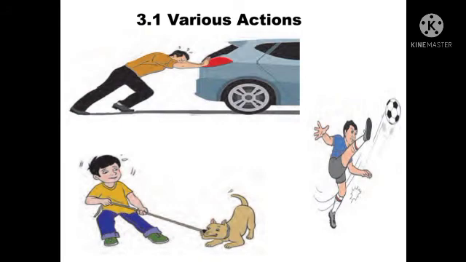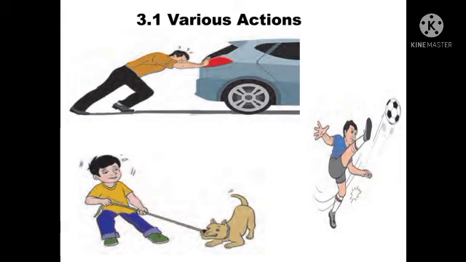So, what can you observe here? A force acts on two bodies through an interaction between them. In the first figure, the man is one body and the other body is the car.